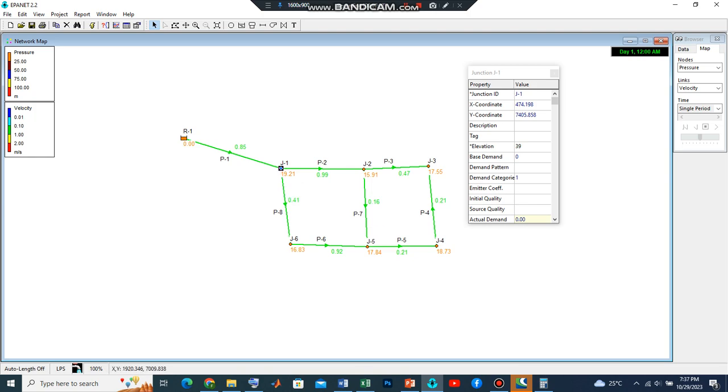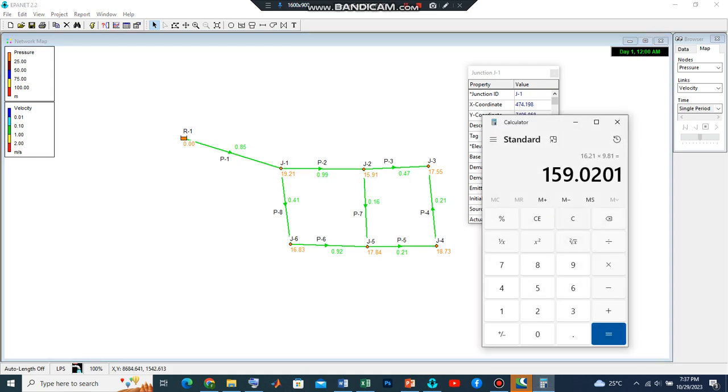If we decide to reduce the elevation from the previous value by about 2 to 3 meters, we could see that the pressure increased. So if we multiply this, you'll see that 19.21 times 9.81 should give us up to 188.